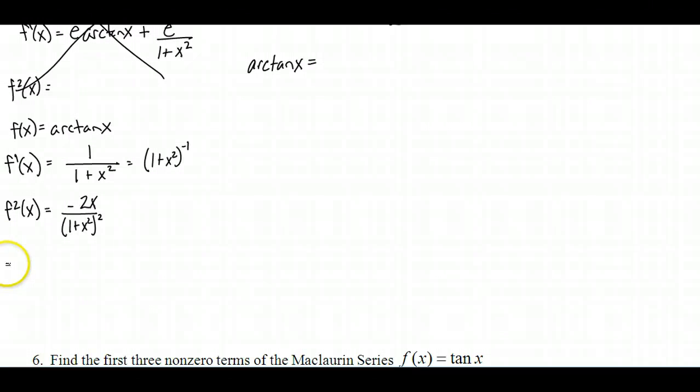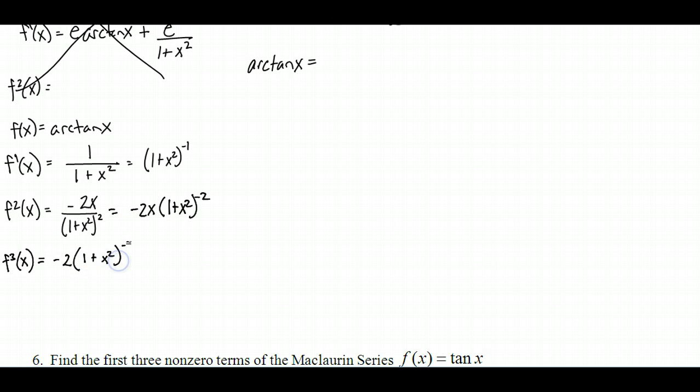If we look, we better take at least one more here. I'm going to rewrite this as negative 2x times 1 plus x squared to the negative 2. Now when I take the derivative, product rule, the derivative of the first term is negative 2 times our 1 plus x squared to the negative 2. Add to it, keep our first term, negative 2x.